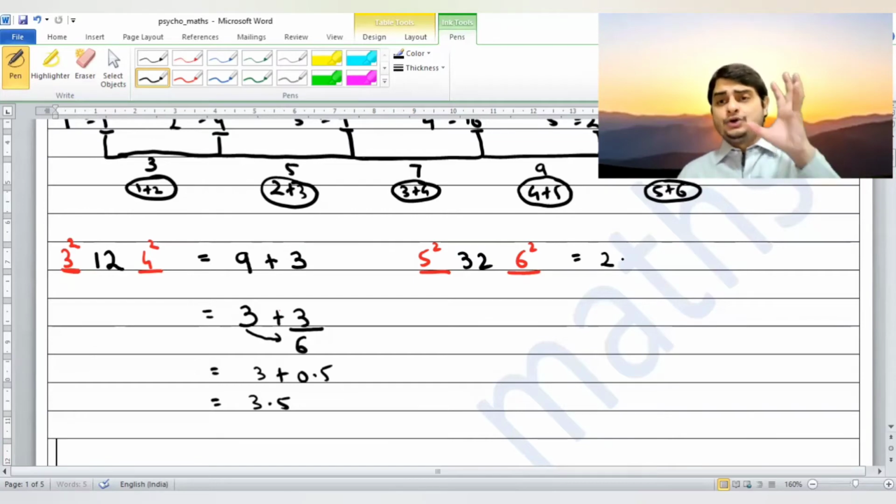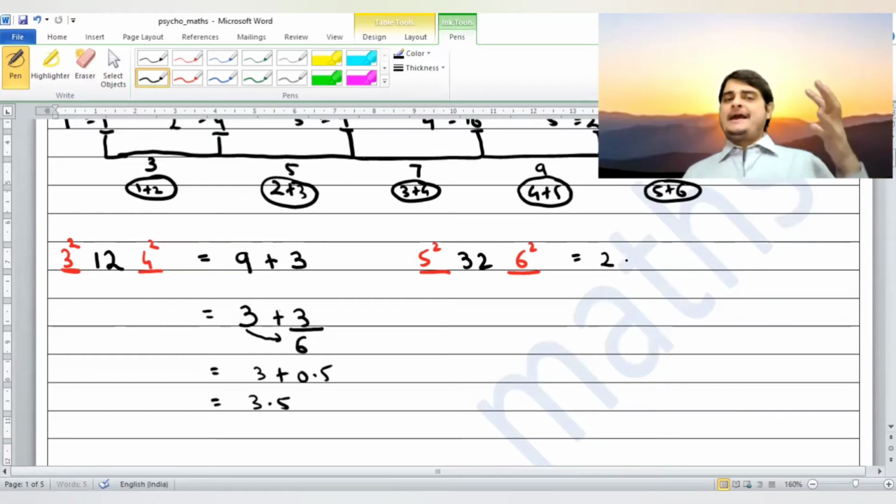It should be 2 consecutive numbers. You cannot take any 2 numbers. It should lie between the squares of 2 consecutive numbers. You cannot take randomly, as if 2 square and 10 square. Sir, it's okay, it lies between it. No. It has to be precisely between 2 back-to-back consecutive integers.